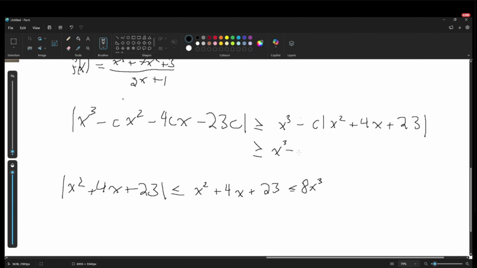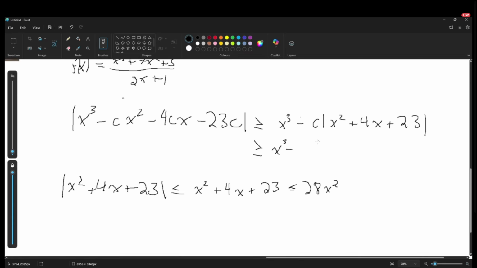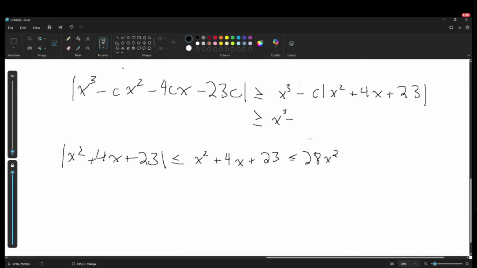Oh no, this shouldn't be an 8. This should be 28 actually. It should be x squared actually. I'll make it 28x squared. And then this would become minus c times 28x squared.